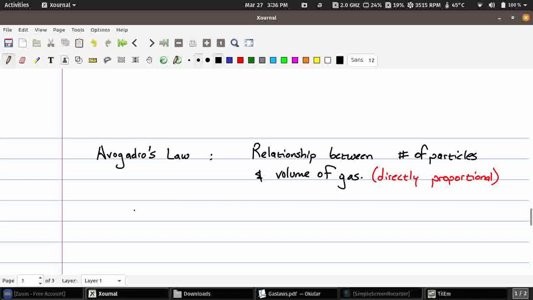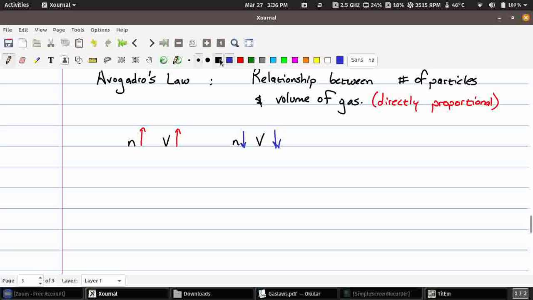Okay, so that means that you have N and V. Number of moles goes up, volume goes up. Number of moles goes down, the volume also goes down. So, same way you set it up is V1 over N1 equals V2 over N2.